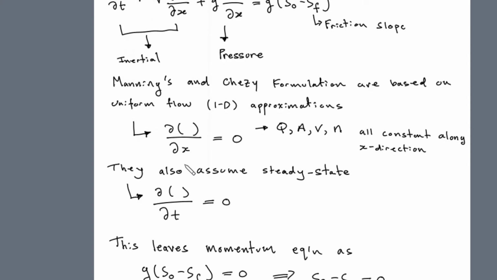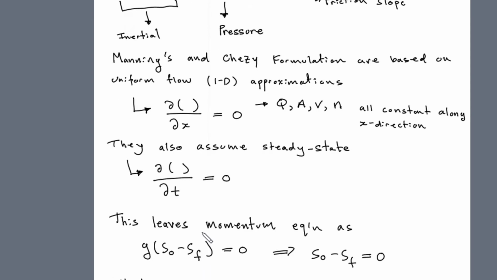We are also going to assume steady state, which is going to imply any property with respect to time going to be zero, so no change in any property with respect to time.